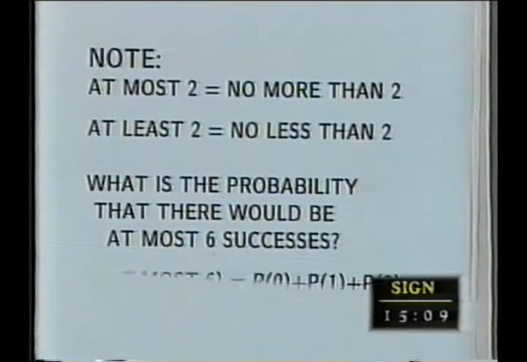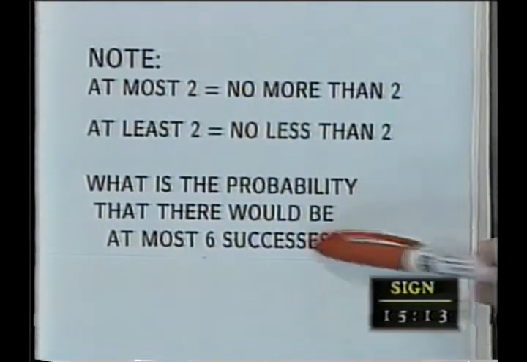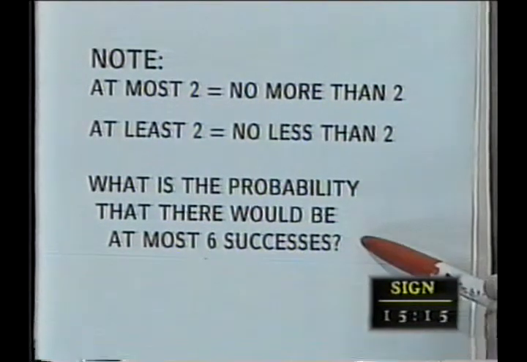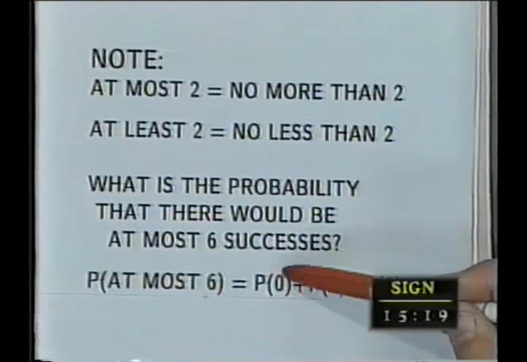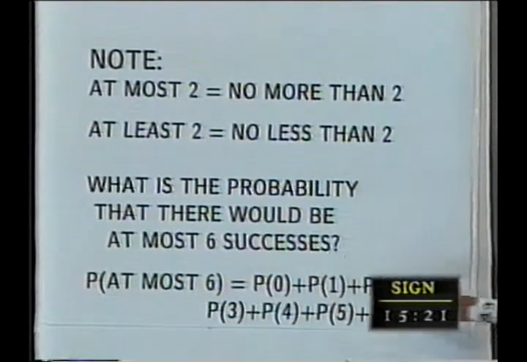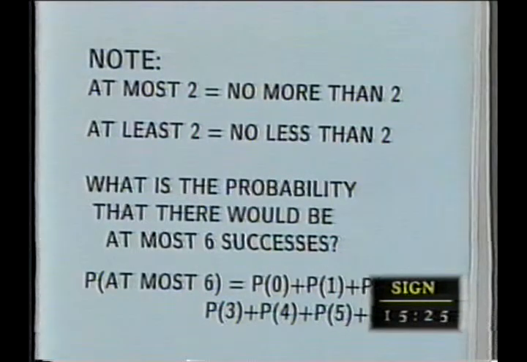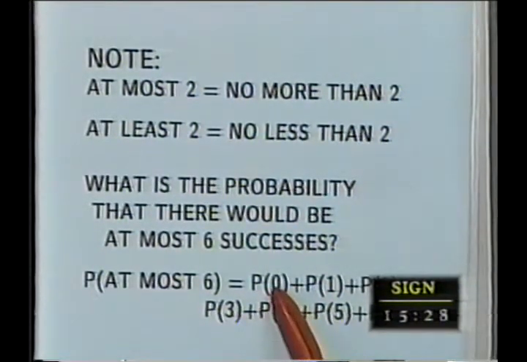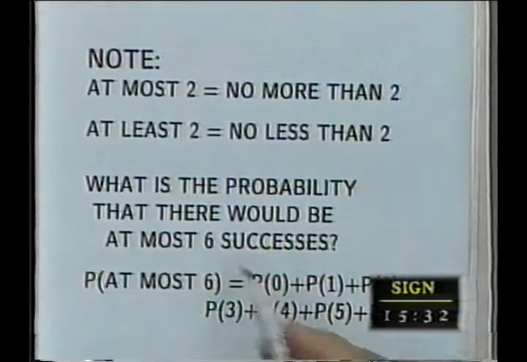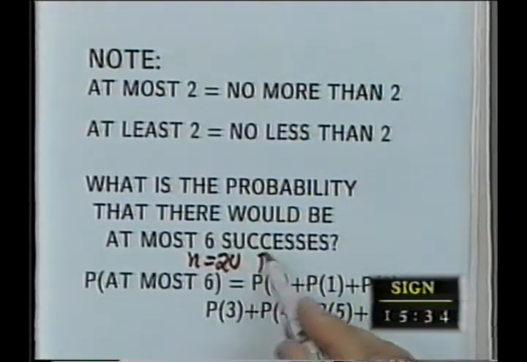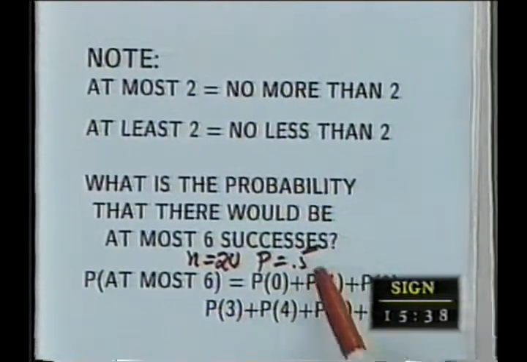Now, let's go back and answer the question. What is the probability that there would be at most 6? What are the chances of having only 6 successes in this experiment? At most 6 is 0, 1, 2, 3, 4, 5, 6. And I have to therefore find the probability of at most 6 in a binomial with n of 20 and p of 0.5. That's the supposition, a 50% chance.